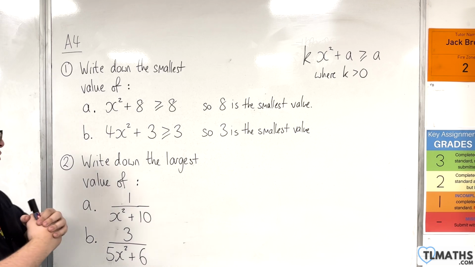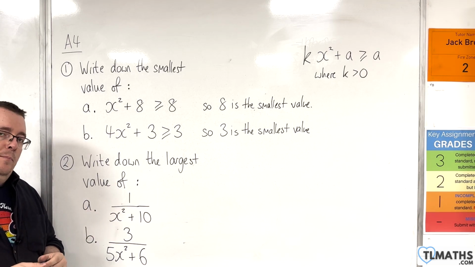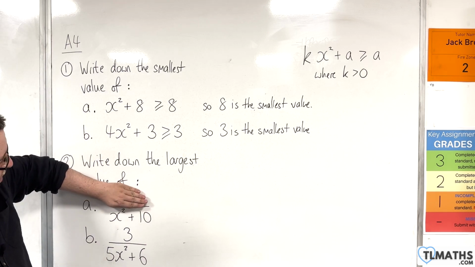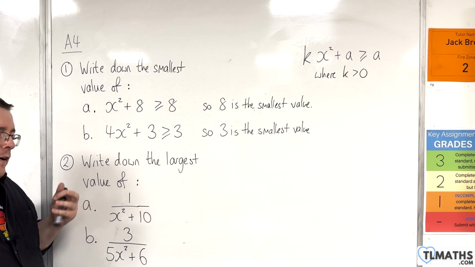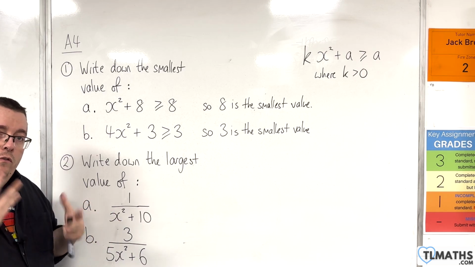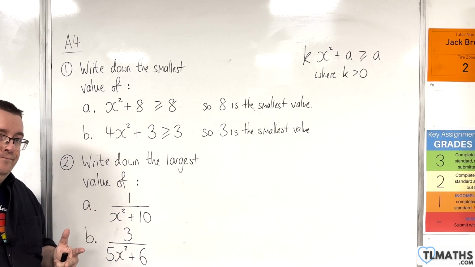Write down the largest value of 1 over x squared plus 10. Now, the x squared plus 10 is always going to be greater than or equal to 10. Okay? So if I am adding on an extra bit, then that's going to make the denominator larger.